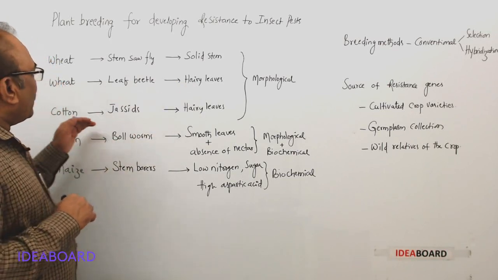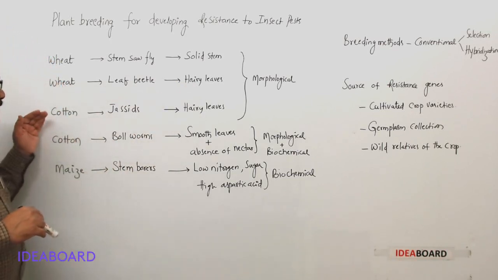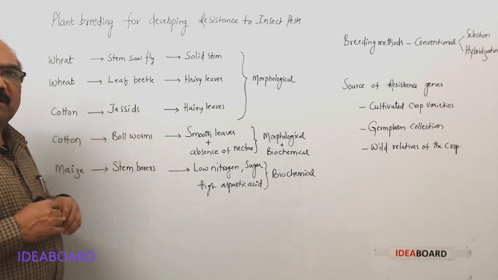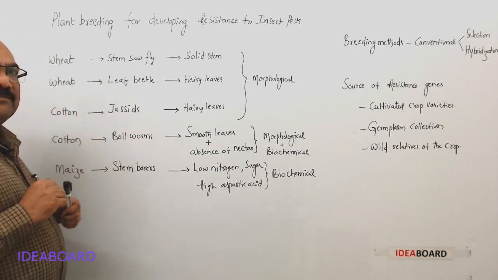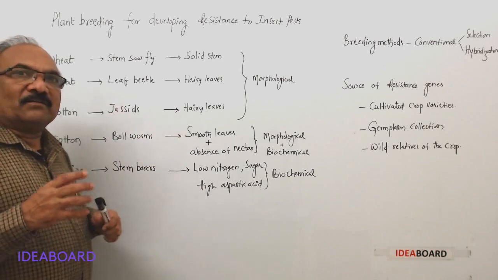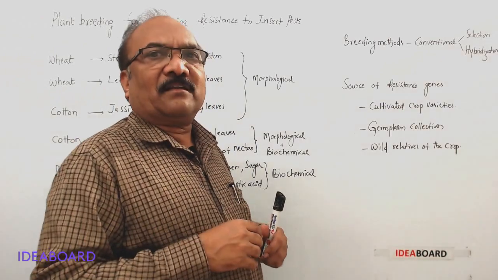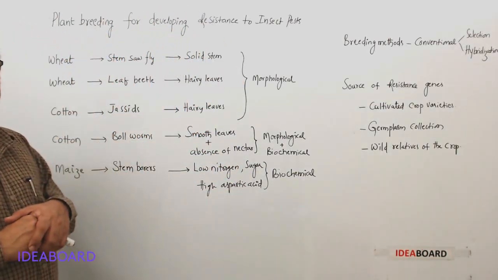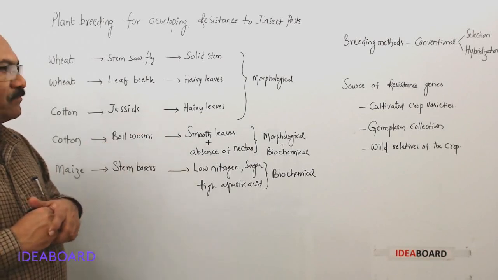In the cotton plant also, generally pests attack and eat away the leaf. But they are not visiting certain varieties of cotton which are provided with hairy leaves.